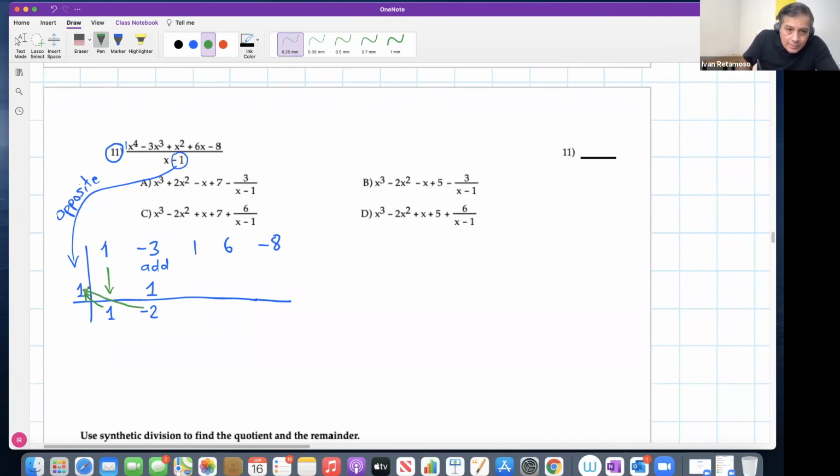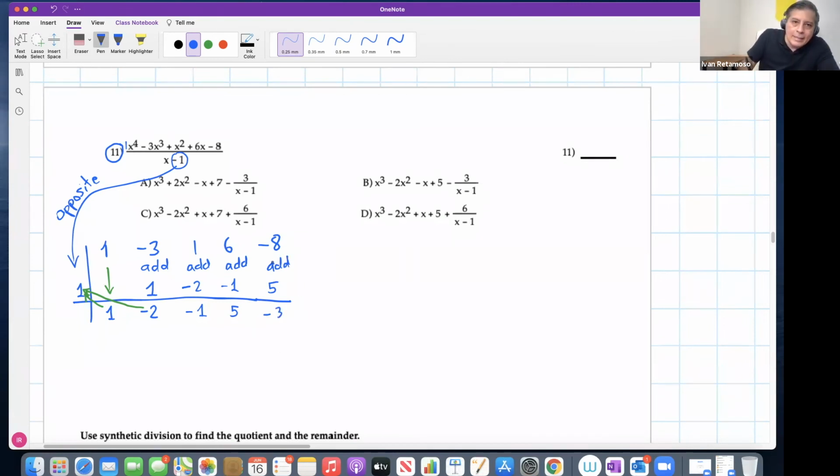Always you multiply by this number in the corner. -2 times 1, -2. Add 1 plus -2, -1. -1 times 1, -1, right? Add. This sum is 5. 5 times 1, 5. Add. -8 plus 5 is -3, right?